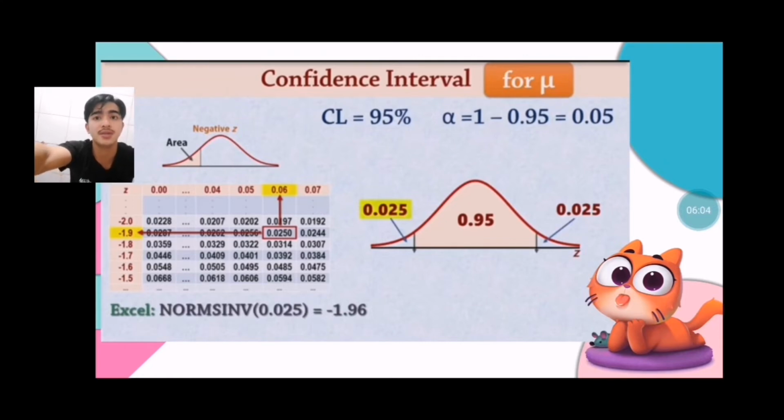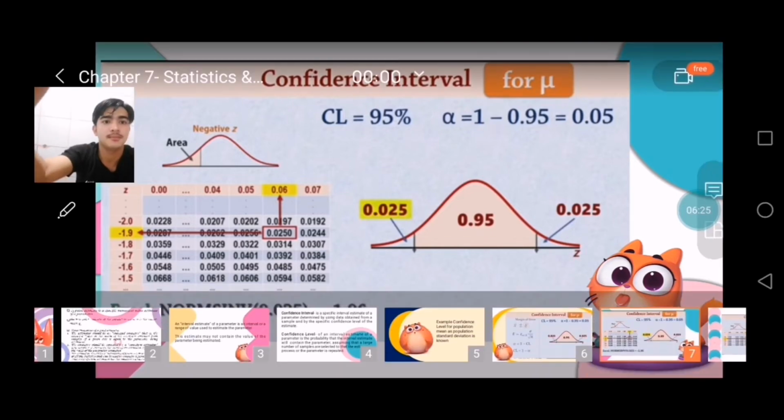I think we have done the Z table in chapter 6, which was reported by James Cabales. Due to symmetry, it will become 1.96 in the right tail. So the Z critical value corresponding to the 95% confidence level, Z 0.025, is 1.96.